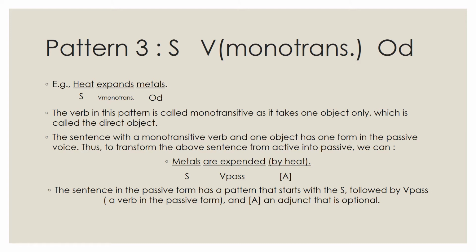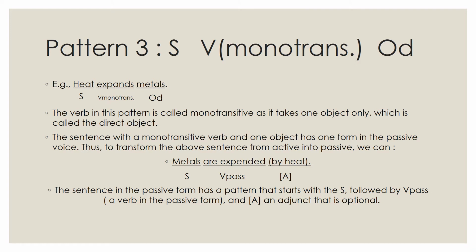The sentence in the passive also has a pattern. So if we analyze the elements that we can find in this sentence, we can find that it starts with the subject, which is metals, are expanded, it is the verb, and you see that here I wrote beside the subject PASS to say that this verb has a passive structure.